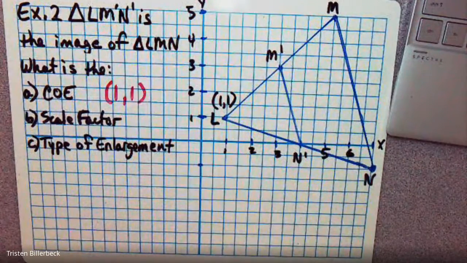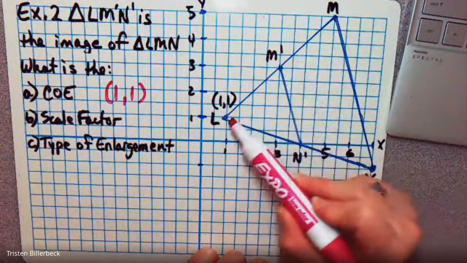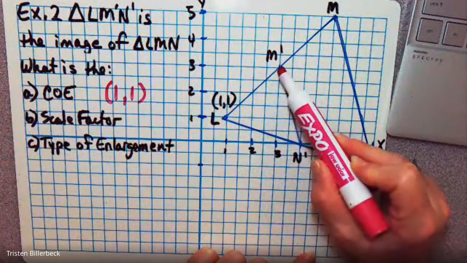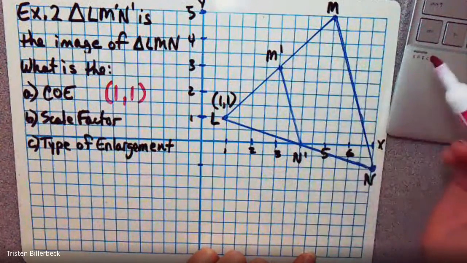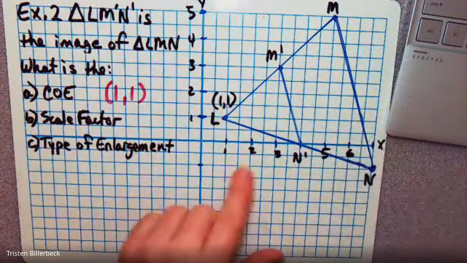Well, what's the scale factor? Okay, well, that's going to be an interesting one. What is the scale factor? So if we look at this, okay, so that looks like it's hitting at the midpoint. And that's hitting at the midpoint.